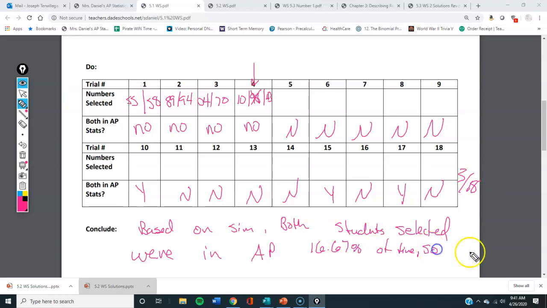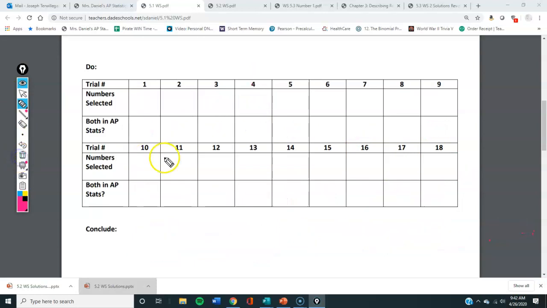So remember that's over our magic threshold of 5%. So it is plausible to have both kids in AP Stats, okay? So it's plausible, so it's probably not rigged. Can we guarantee it isn't? No. But it's plausible it's not rigged. There's no evidence against it.